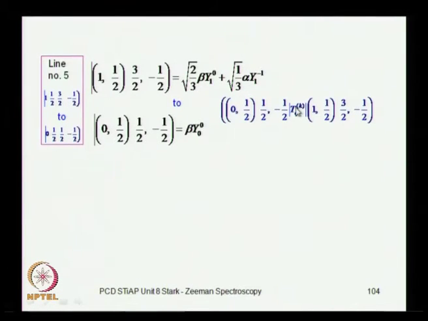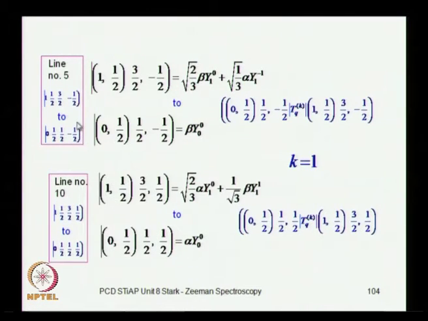So, you are going to put k equal to 1 in your Clebsch-Gordan coefficients, okay, and this is one of the transitions that we will study, and we will compare its intensity with the intensity of line number 10, which is a transition from the 3/2, 1/2 state to 1/2, 1/2. Okay.